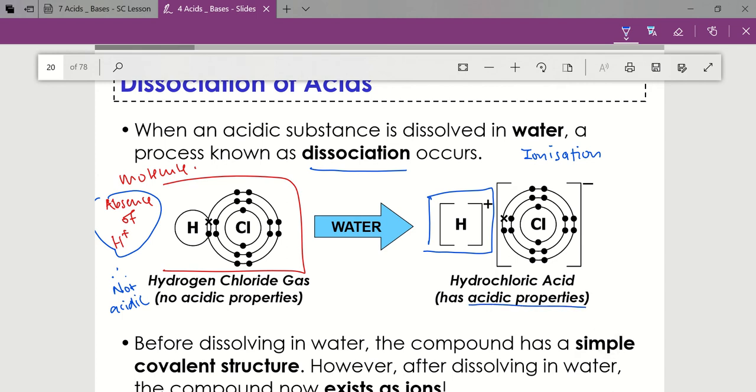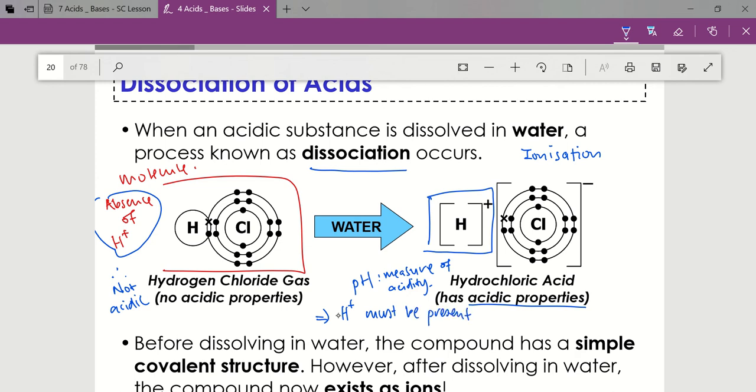Okay, so if you recall our previous lesson, we talked about pH, and pH is a measure of acidity. So, how acidic a substance is, I can only measure if a substance is acidic provided it has hydrogen ions. So H plus ions must be present.